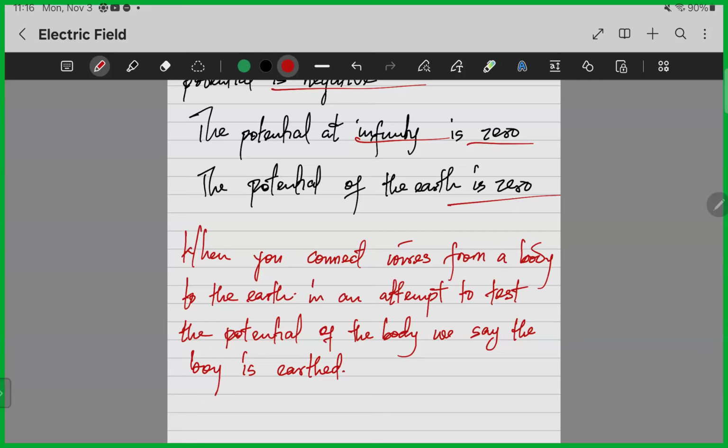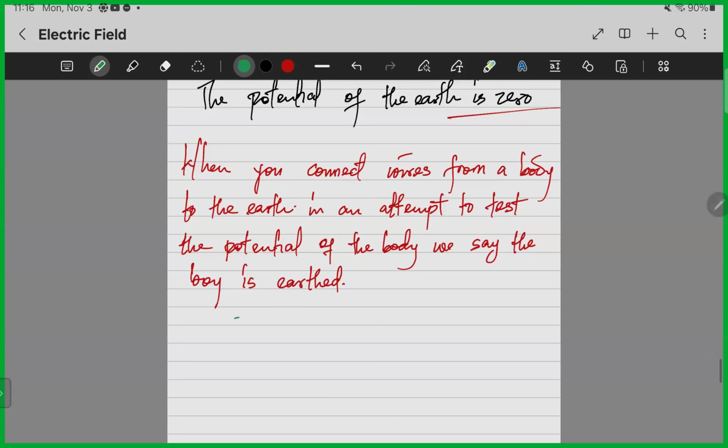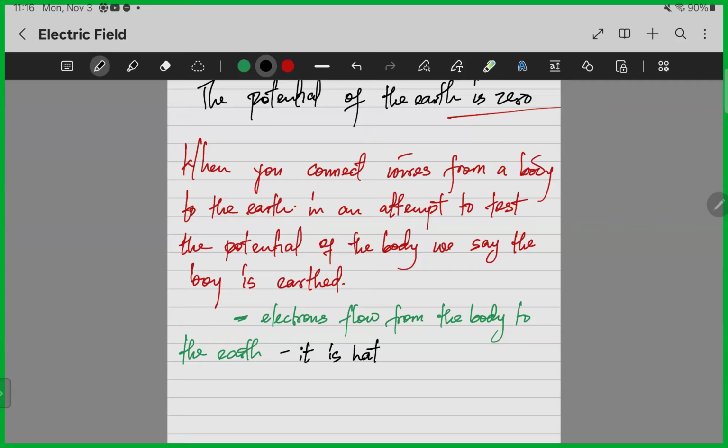If electrons flow from the body to the earth, the body is at negative potential. When we make that connection, we observe that electrons flow from the body to the earth, and that is a case of negative potential. Keep that in mind.